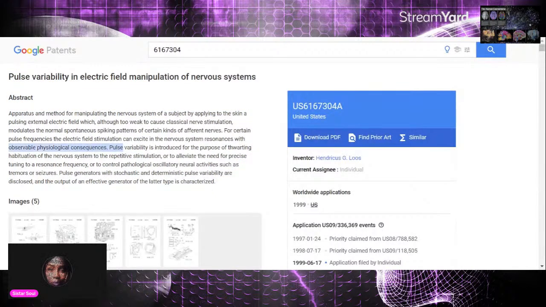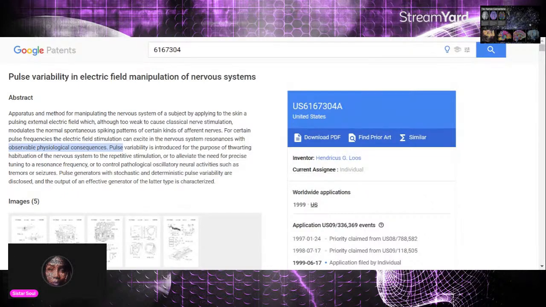Psychological consequences. You can even see it. It says they're observable, right? Pulse variability is introduced for the purpose of thwarting habituation of the nervous system to the repetitive stimulation.